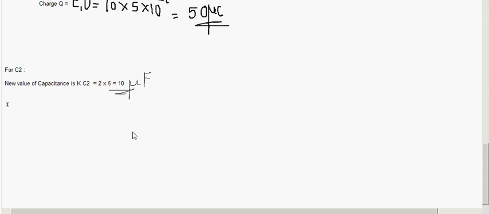So charge Q remains the same. What was the charge before? It was 10 microcoulomb.